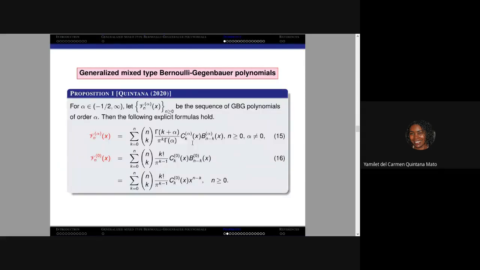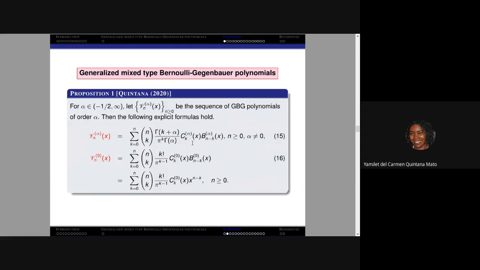It's not difficult to prove with this definition that the sequence of GBG polynomials of order alpha satisfies certain explicit formulas like formulas 15 and 16.